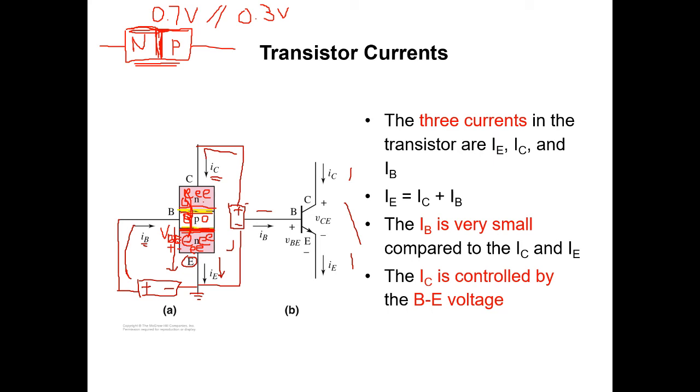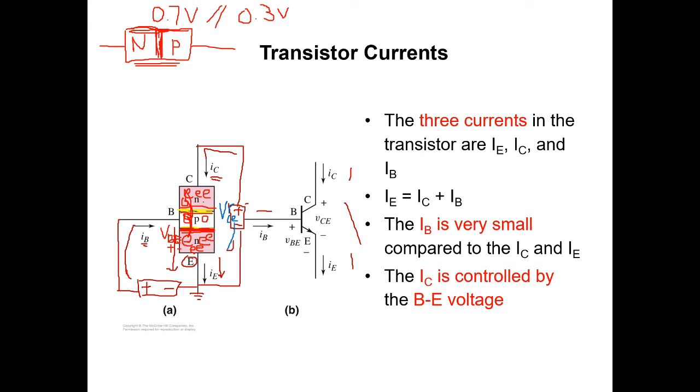And another one here is VCE. So here C is positive, right? C is connected to positive, E connected to negative.